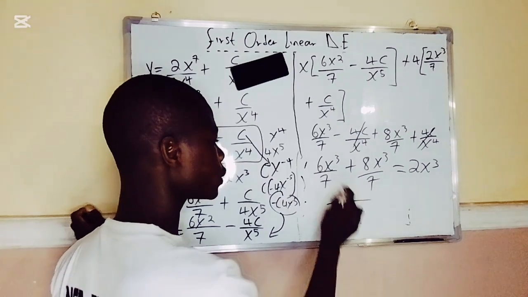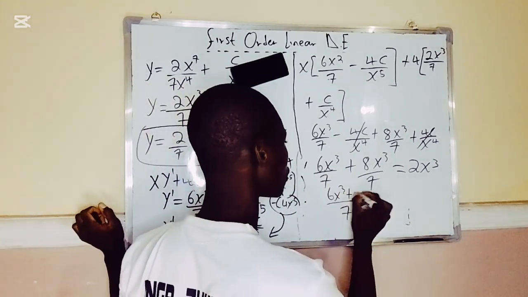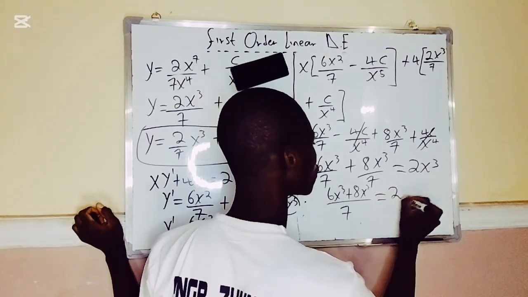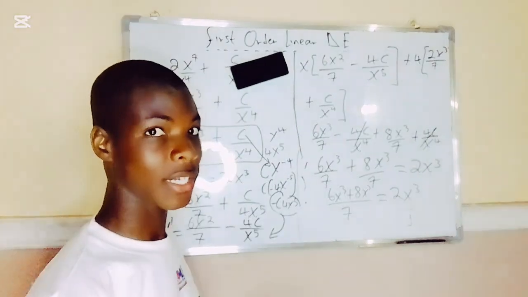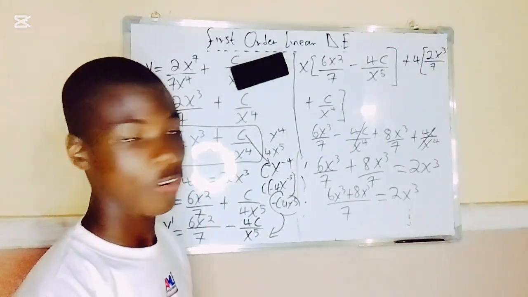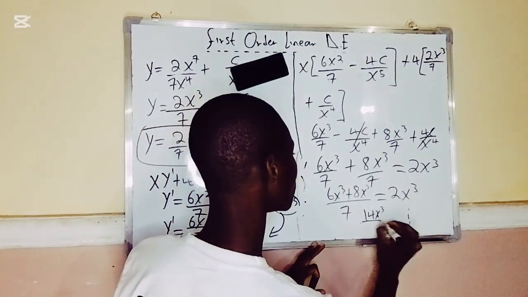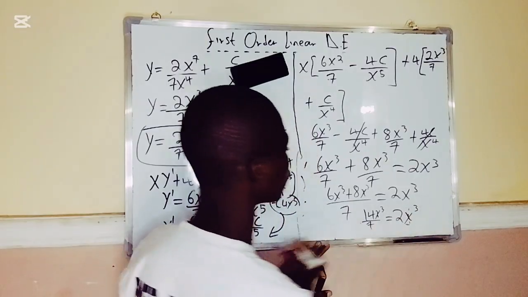So therefore 6x cubed plus 8x cubed will be equal to 2x cubed. 6 plus 8 gives me 14. So therefore 14x cubed divided by 7 is equal to 2x cubed.